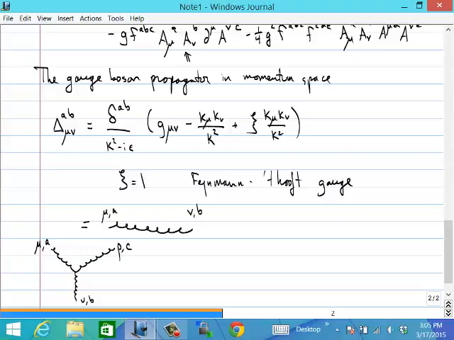And because we have a derivative here, your interaction vertex is going to depend on the momenta of the gauge bosons. I'll call the momenta of those three gauge bosons p, q, and r. And what will you get? Well, if you just read off from this term here, you'll get an i, because it's an interaction vertex, a factor of the coupling g times the structure constant.